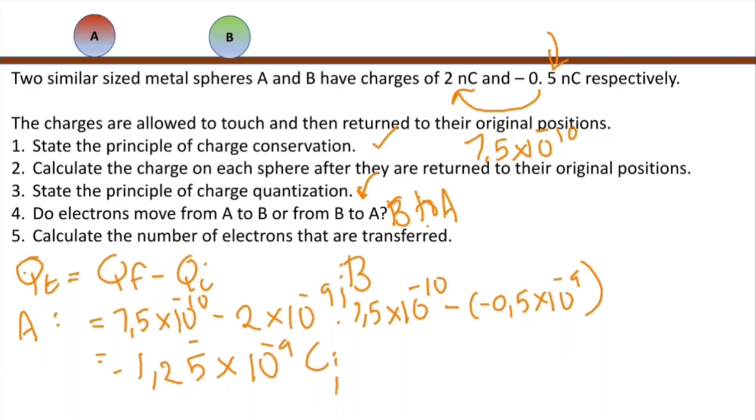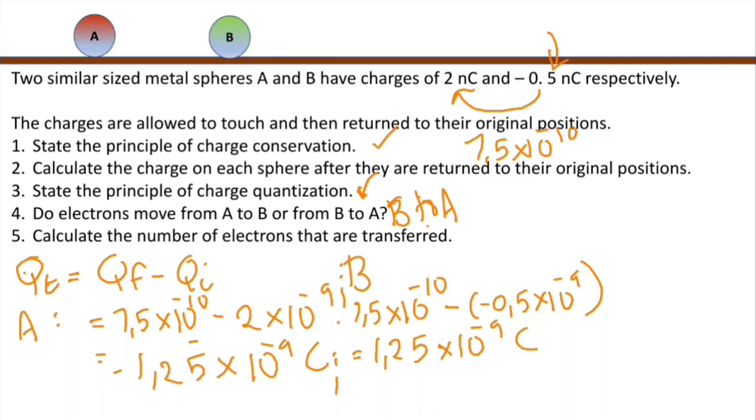So now I have 7,5 times 10 to the power of minus 10 minus negative 0,5 times 10 to the power of minus 9. I get a positive 1,25 times 10 to the minus 9.